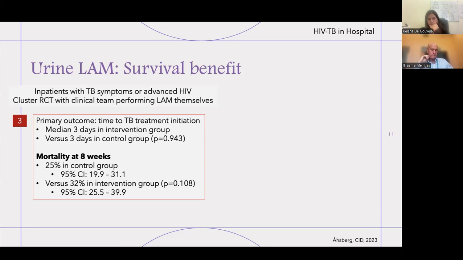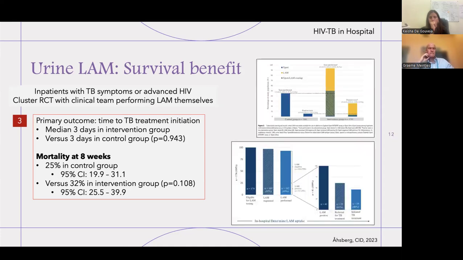So the intervention arms had a much greater overlap with the COVID-19 pandemic. And so that may play a role in why there was this unexpected increase in mortality in the intervention group. But we can't attribute everything to that problem.